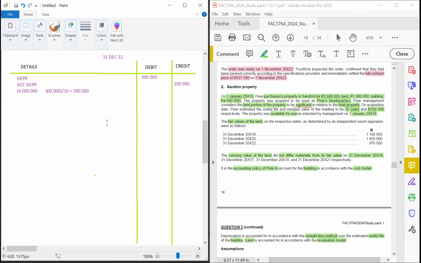So now this is what we are going to do, right? Any questions that I should take before we move on to the land? There's nothing more we can do with the building. Any questions before I move on to the land?